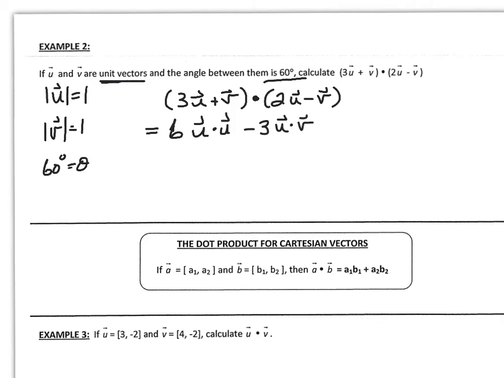Okay, and then we'll have a plus 2u dotted with v. Okay, and then we have a positive 1 and a negative 1, so those scalars will give us a negative 1, and then v dotted with v.